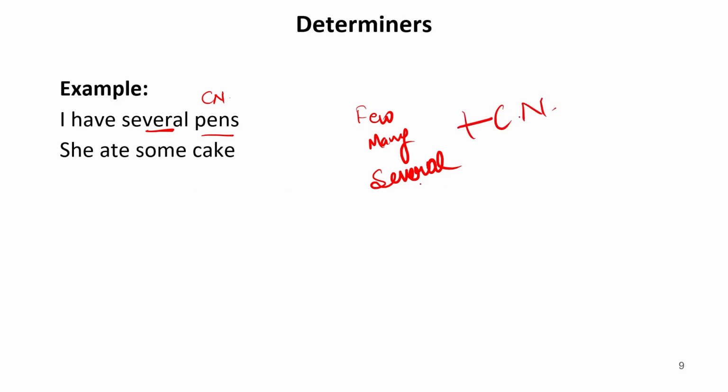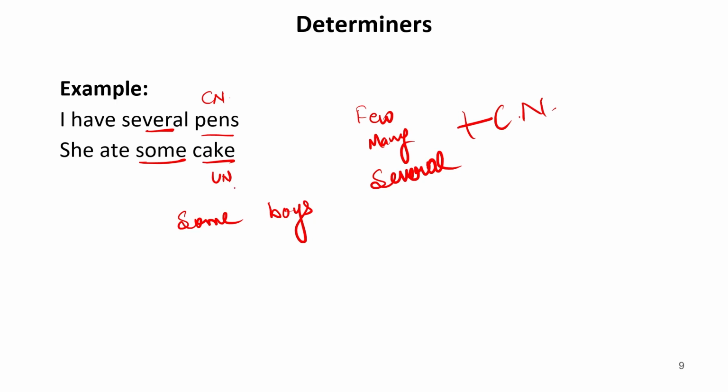Whereas if we talk about much, now there are some words like some. So some can be used with both countable as well as uncountable nouns. For example, we can say some cake, which is uncountable, so we are using some. But if I say some boys, that is also correct. So there are a few words which can be used with both types of nouns, whether countable, uncountable, singular, plural, or not.